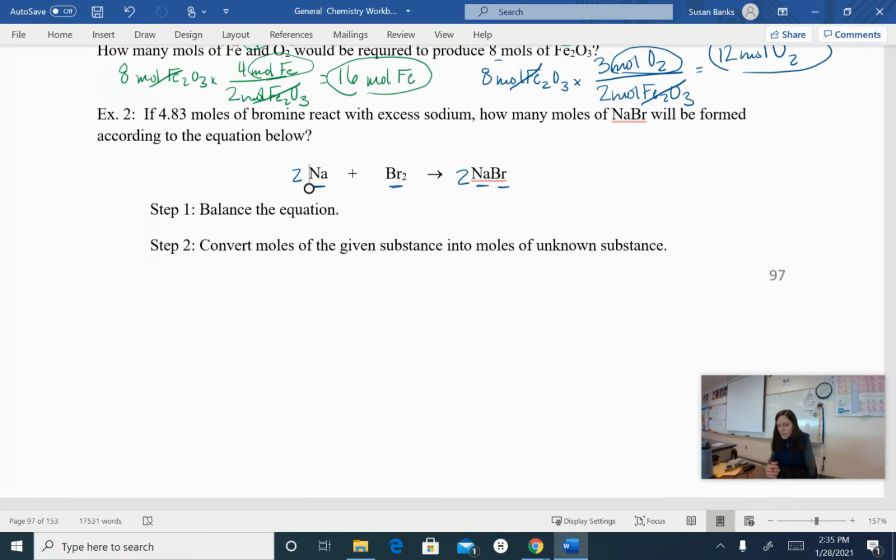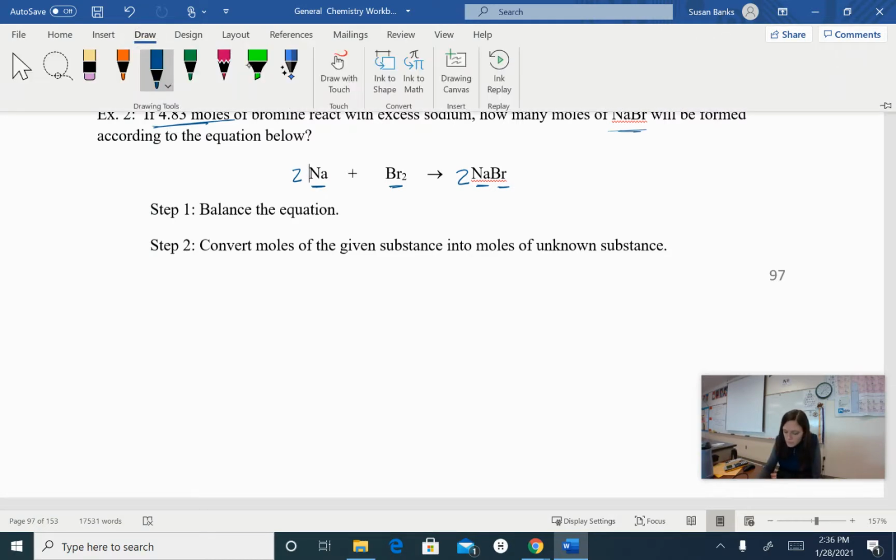Okay? So the next step, we've got to use our molar relationships to convert the moles of the given substance, which is what we know, right? The 4.83 moles of bromine into sodium bromide. So we're going to compare bromine with sodium bromide. So let's look at this.